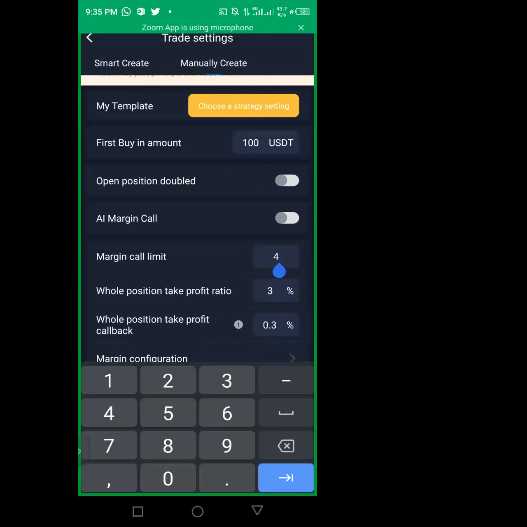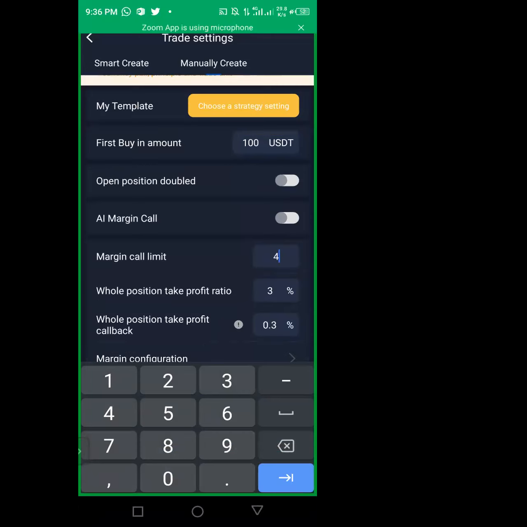But once you're in this 4, the robot will not make profits for you when the coin is in dip. If your margin call limit is not above 4, the robot cannot make profits for you when the coin is in dip. So people writing it down, please write it down.